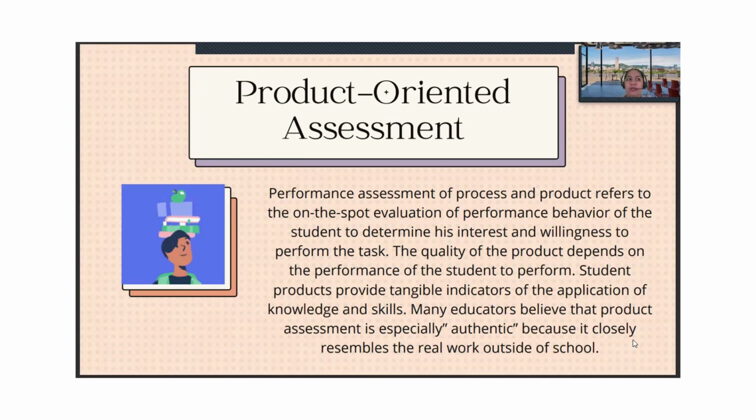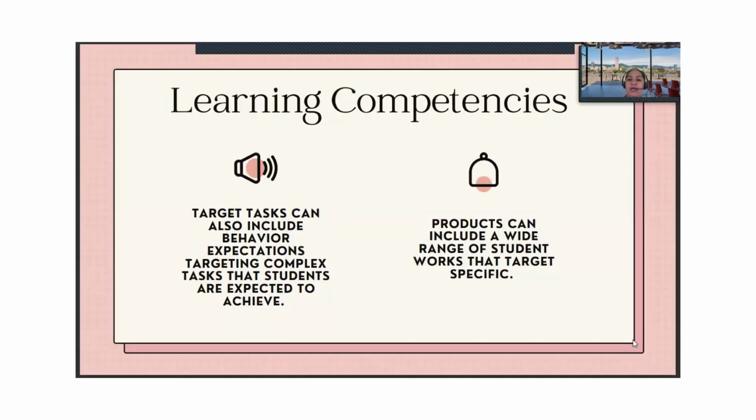In that rubric, we are able to put indicators of performance or behavior that we want to measure from the student. In that way, we are able to get the competencies that we want to achieve from our students. So these are the learning competencies that we can get in assessing a product-oriented task.